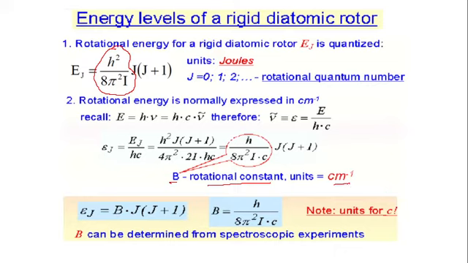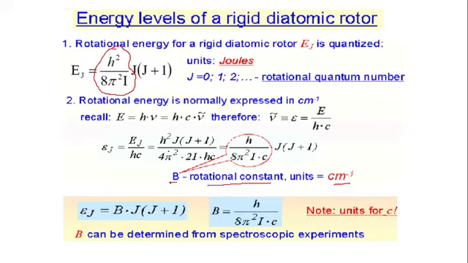That means the energy can be measured in centimeter inverse. Here this is the value for the energy measured in joules, and whenever this energy is converted to centimeter inverse, it is converted to the wave number, that is equal to E upon hc.